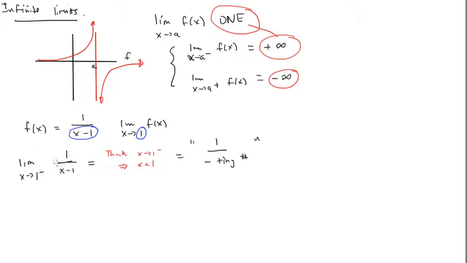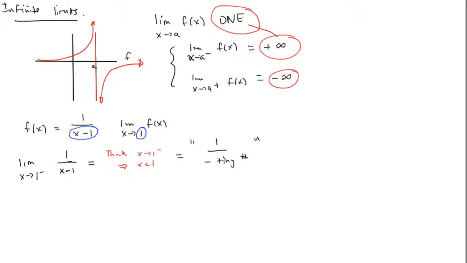So in my mind, what I'm thinking is, what if x is 0.9, since I'm coming from the left? If I take 1 away from that, I have a small negative number, negative 0.1. And if I divide by that, I'm going to get a really, really negative number, namely negative 10.